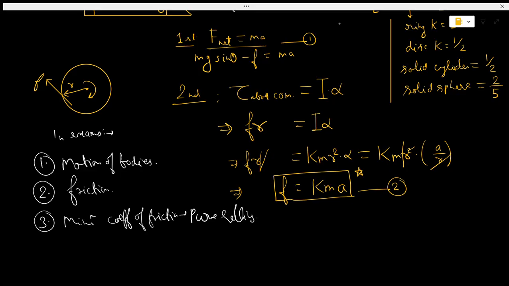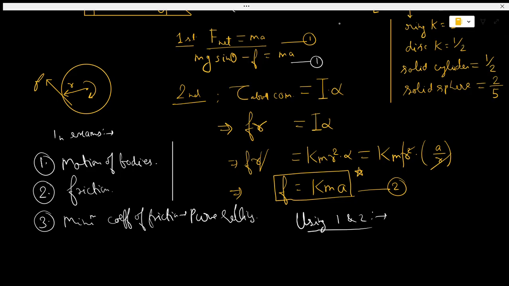Okay. Now, very important, if you are asked to find the acceleration, you can see from the first formula and the second formula we derived, we can easily get the acceleration. How? Let me show you. This is our first equation, this is our second equation. So using 1 and 2, we can find acceleration.